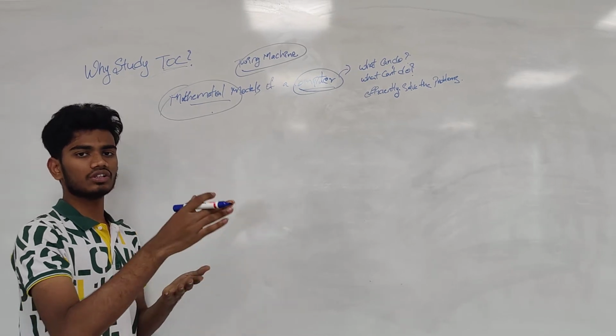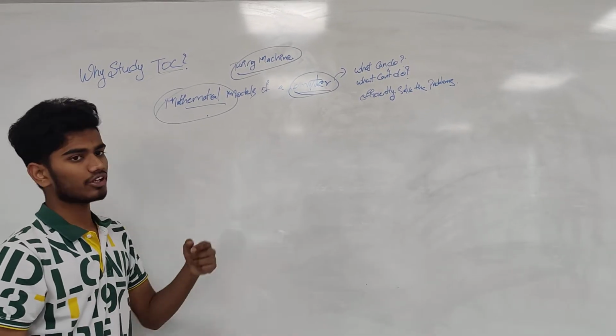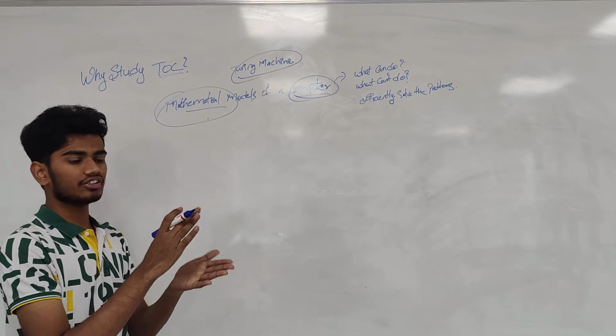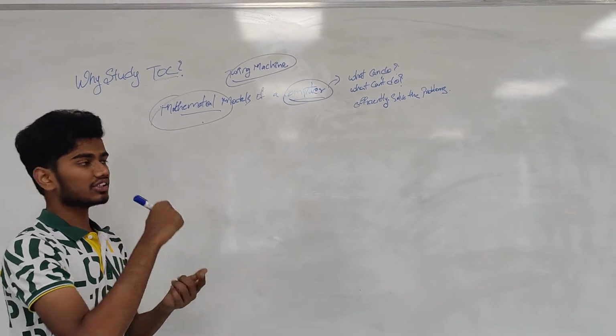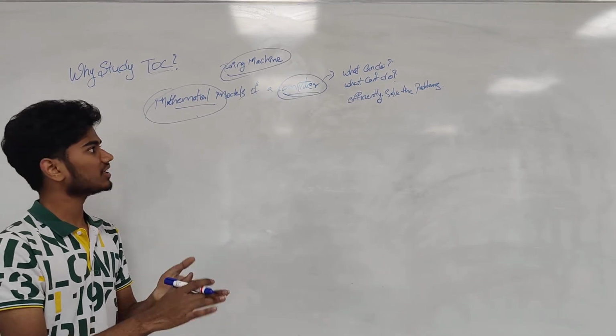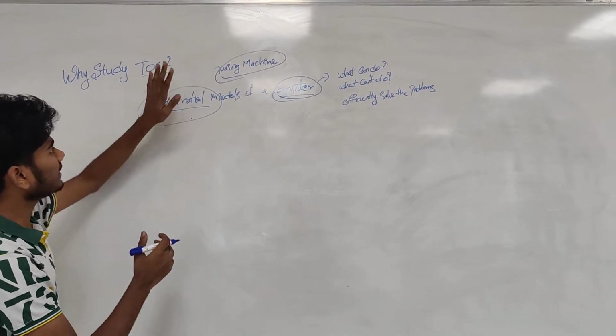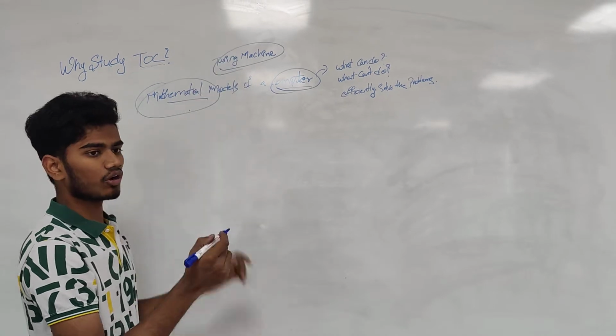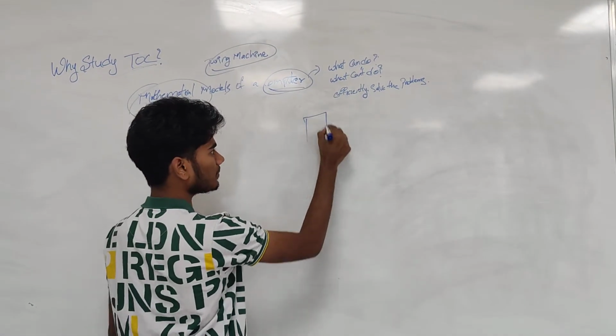To decode the encrypted message, they wanted to build a machine, or they wanted to see all the messages sent by Hitler. Previously, when Alan Turing was not there, they wanted to do it on paper.